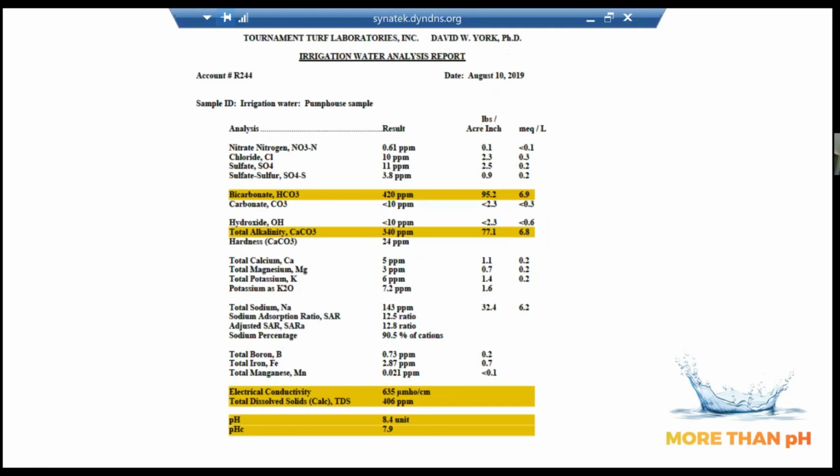His total alkalinity is 340 parts per million. His pH is 7.9, and his pHC is 7.9, and his pH is 8.4. Now, there's nothing good with this water sample. To add insult to injury, this is city water. He has to pay for this stuff.